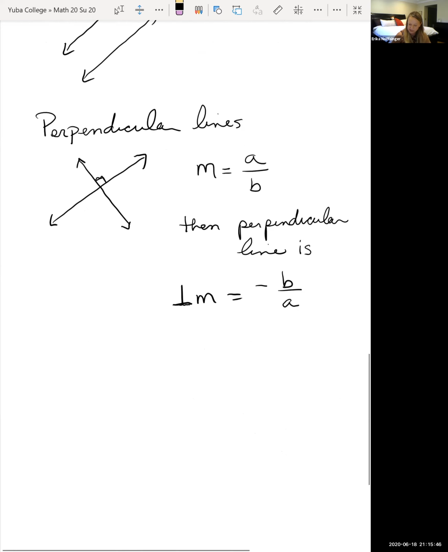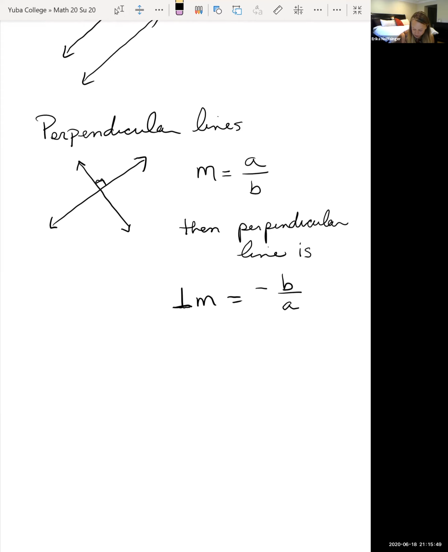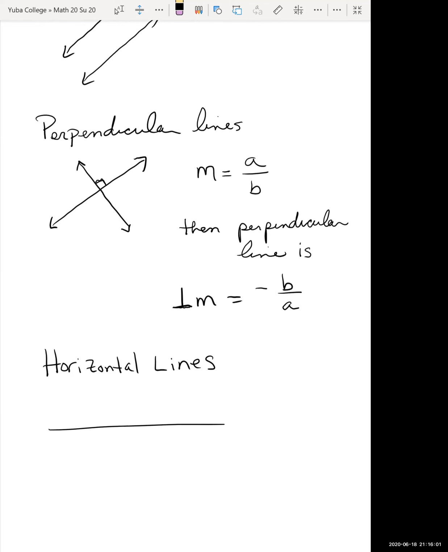A couple other things that you should know. If you have a horizontal line, to get from one point to another, any point I choose on here, notice I'm not rising anything.